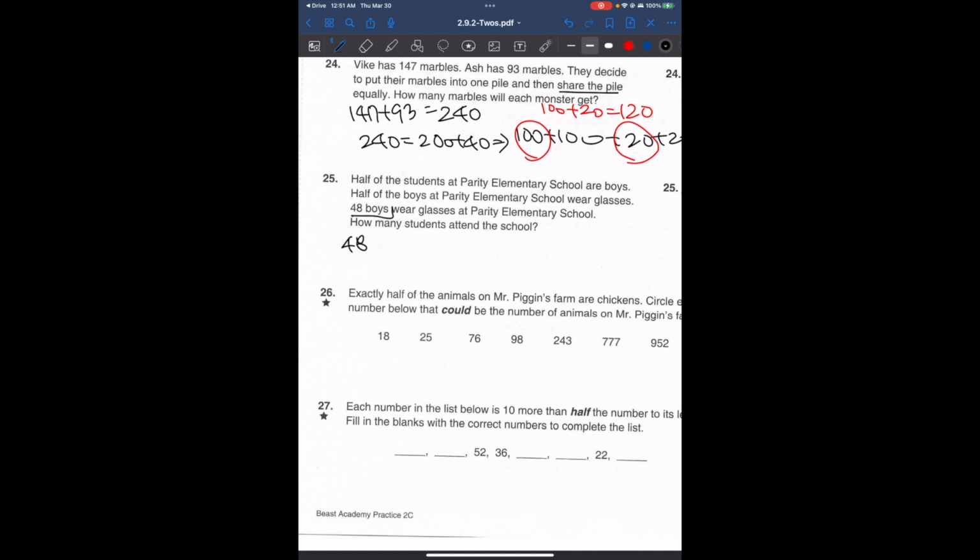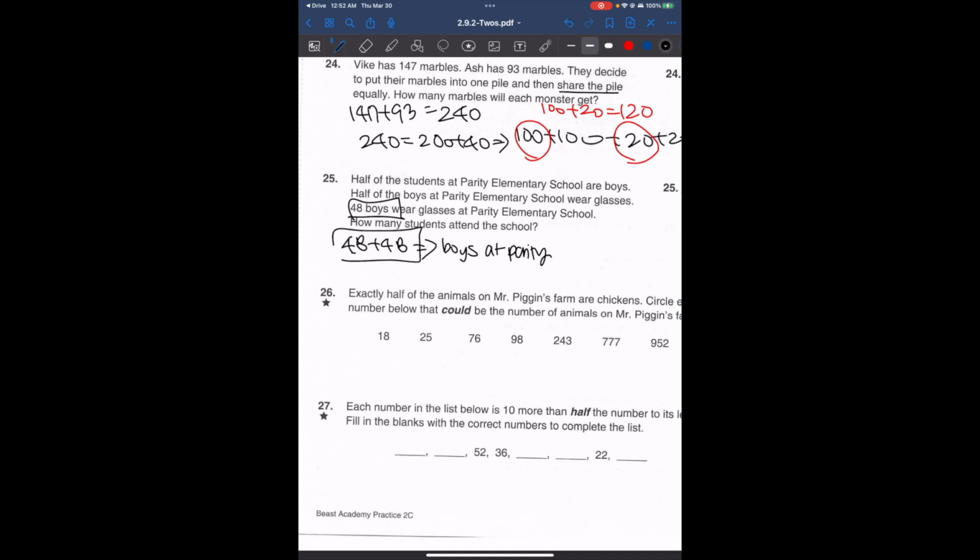So 48 boys wear glasses, and that number is half of the number of boys. So basically that tells us that 48 plus 48 is the number of boys at Parity, since half of that is the number of boys that wear glasses, and that's 48.